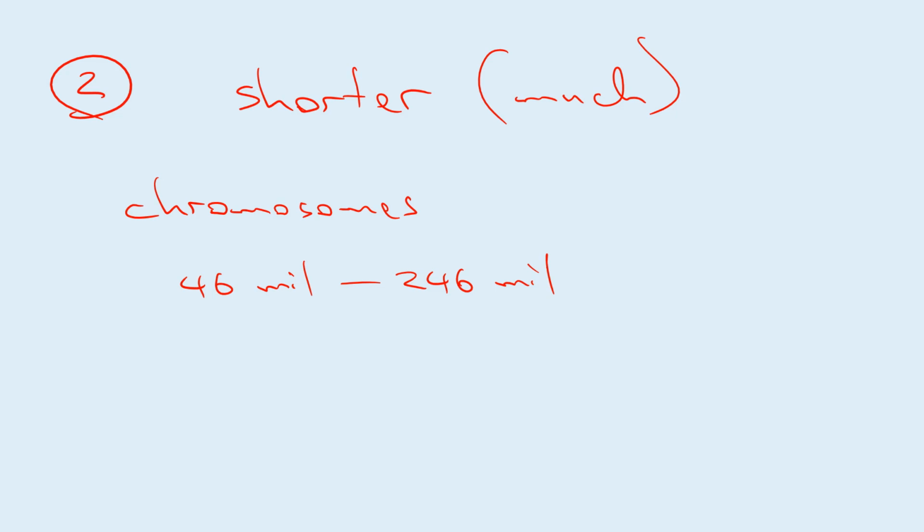So yeah, chromosomes, they're really long, right? They are at least 46 million bases long or nucleotides long, but they get up to the longest one, the first chromosome. It's actually 246 million base pairs long, or 246 million nucleotides long. Crazy long. RNA, on the other hand, is much shorter.